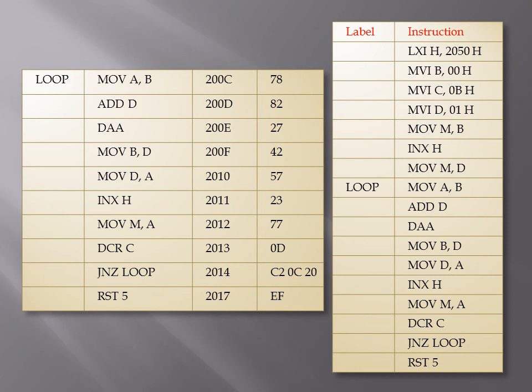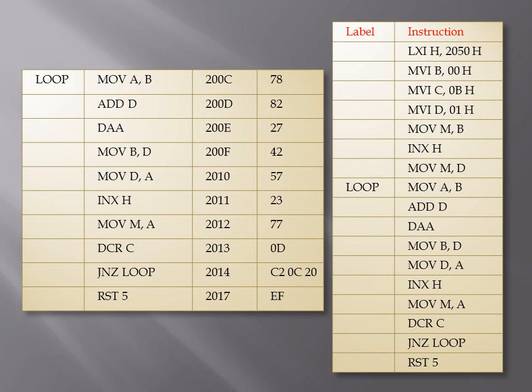We increment the memory pointer, INX H, and then we load the contents of the accumulator into memory, MOV M, A. Then again DCR C: the counter which was 0B has to be decremented because we have printed one more number.